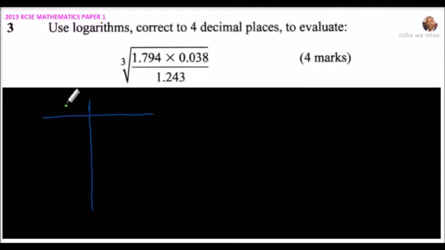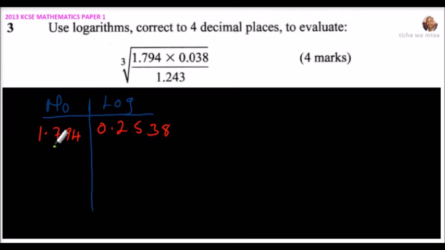So we say this is a number, this is a logarithm. We are supposed to get the logarithm of, we can start by 1.794. Checking from your logarithm tables, the logarithm of this is 0.2538.